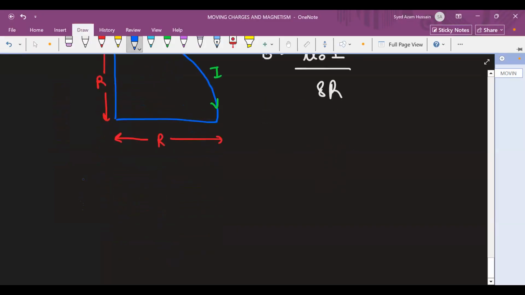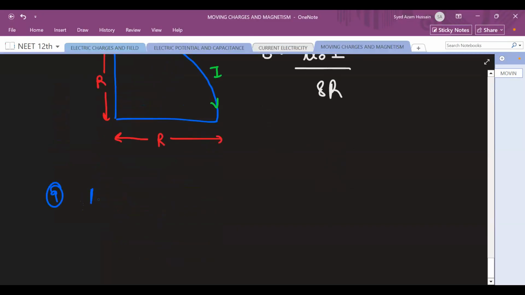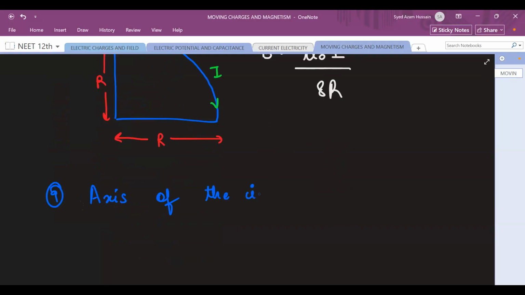One more case we discussed is at the axis of the circular loop.